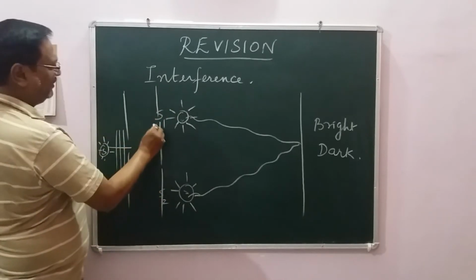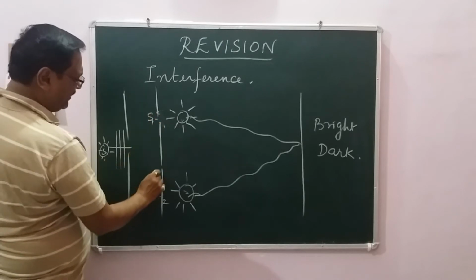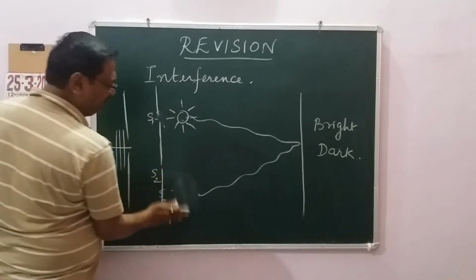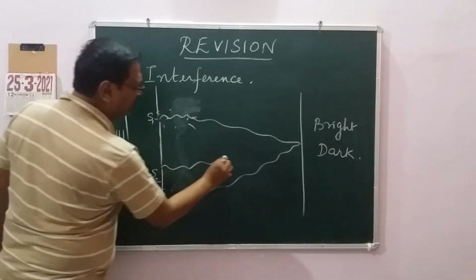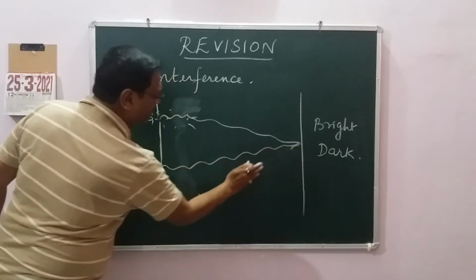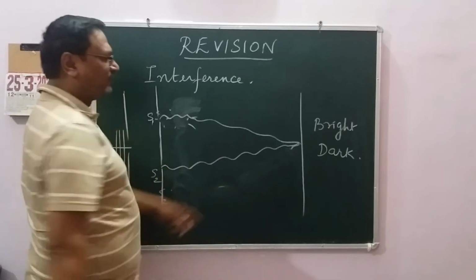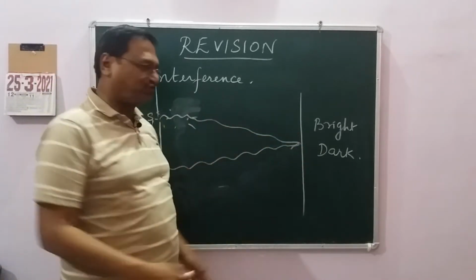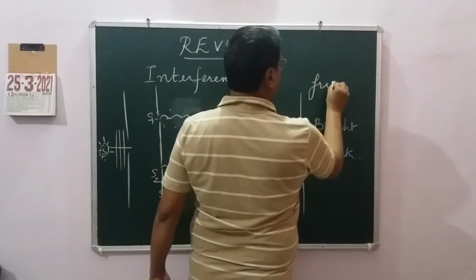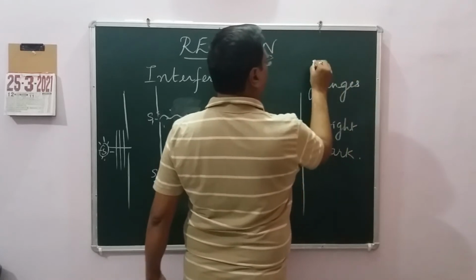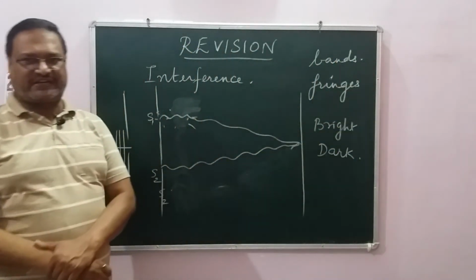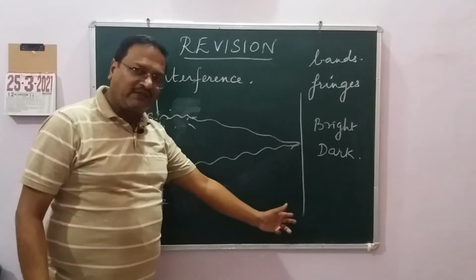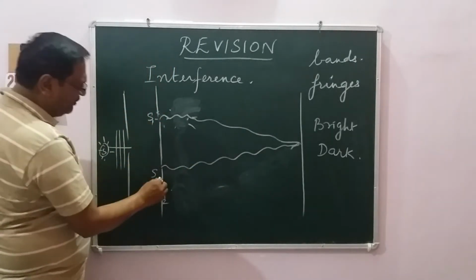This is S1 and this is S2. Then the light will come from these two slits, and will interfere and form bright and dark fringes. You call it fringes, or you can also call bands. So this is interference, and this is the screen, and this is the double slit.